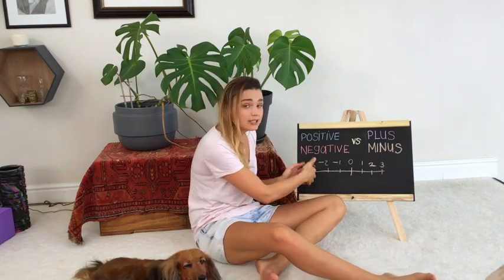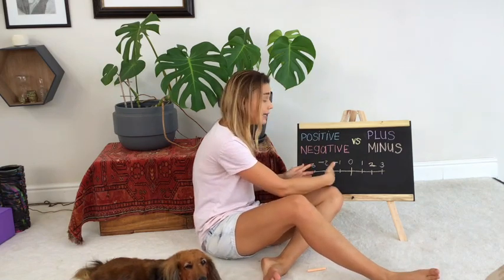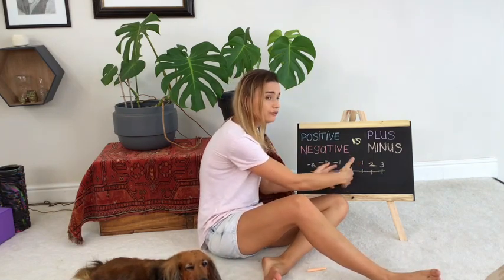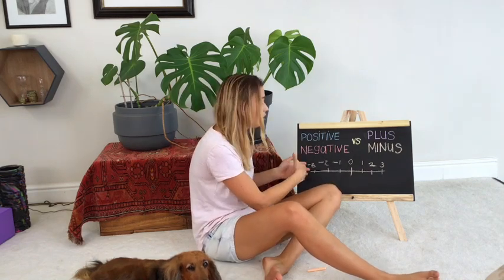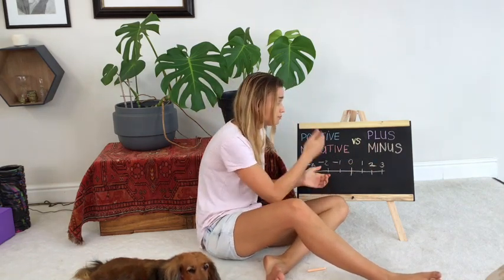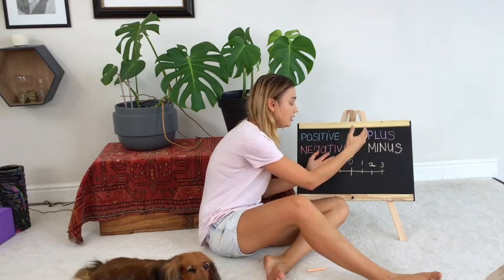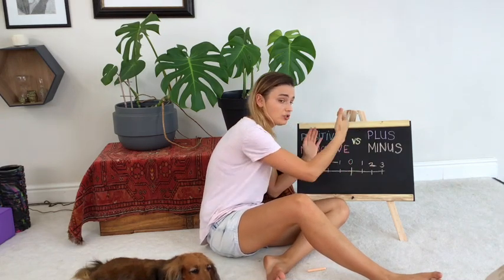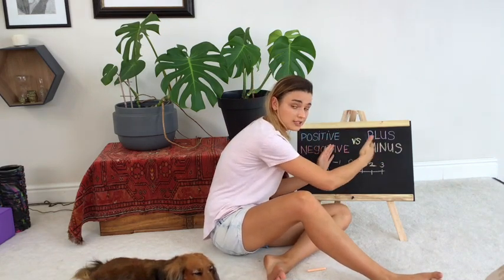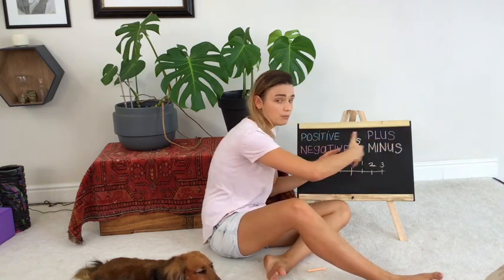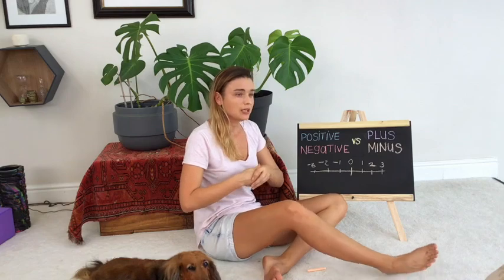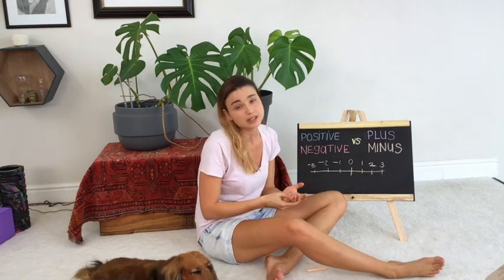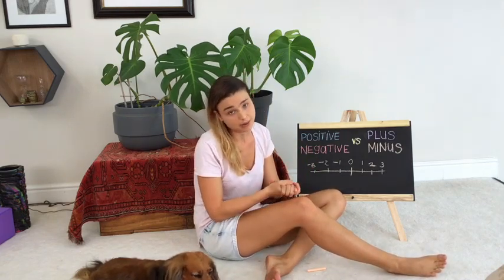If I say negative 3, right, it's saying I'm 3 units from 0 moving towards negative infinity. If I say positive 2, that's saying, right, I'm in a positive position after 2 units after 0, moving towards positive infinity. So positive and negative is kind of explaining the behavior of the number and describing the number.